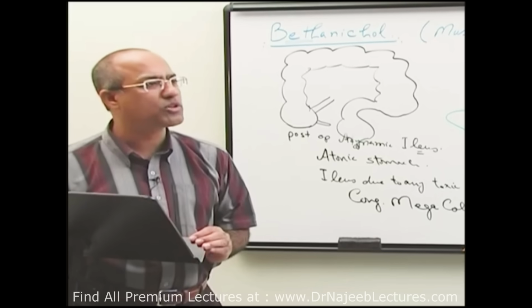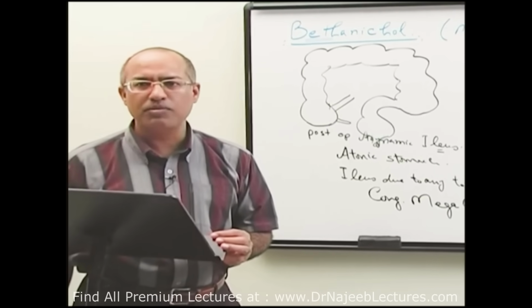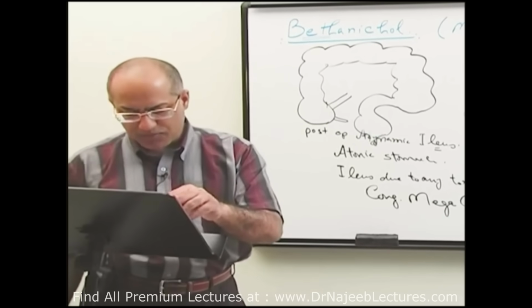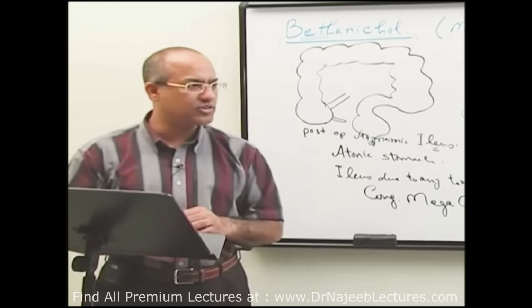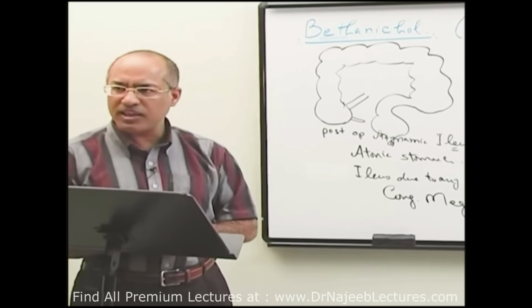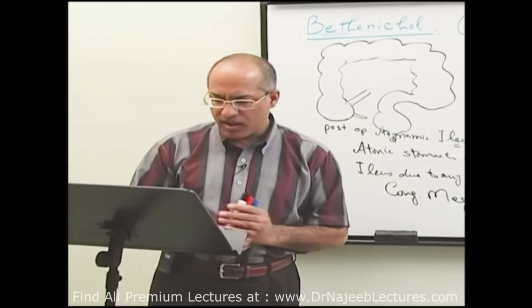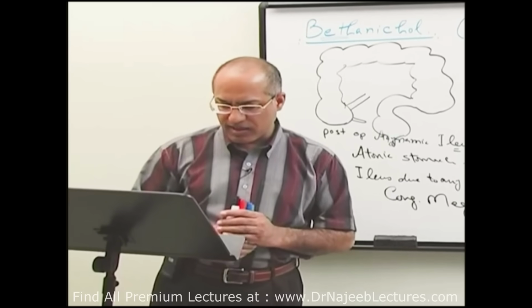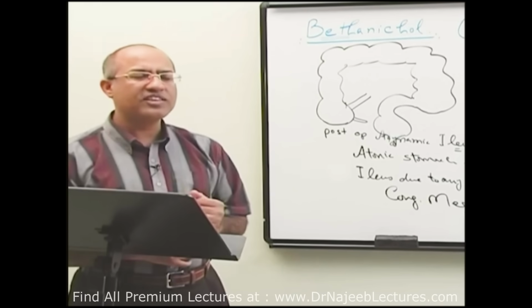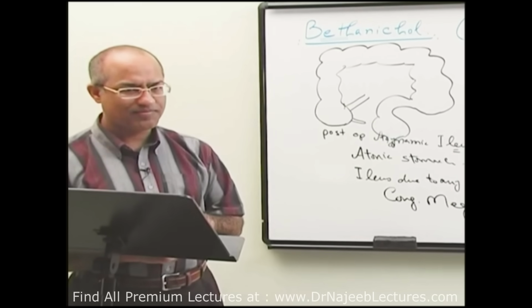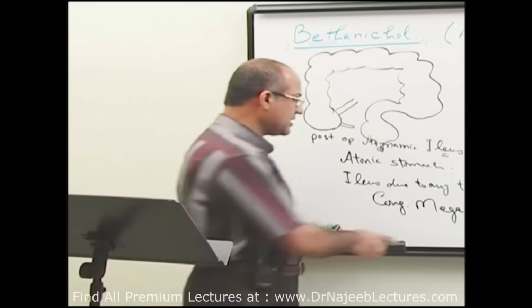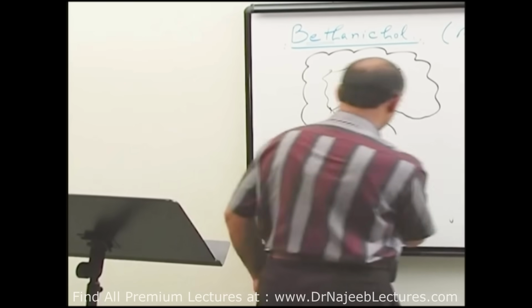Some of these cases with congenital megacolon can also be managed by administration of bethanechol. Is that right? No problem here? Okay. Having said all these things, now let's talk about what could be the side effects of bethanechol. Who will tell me? Again, let's repeat.